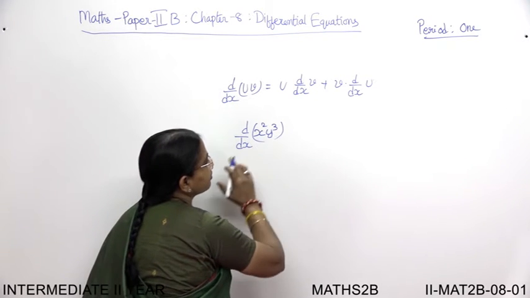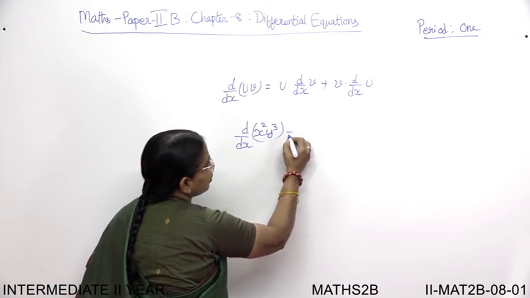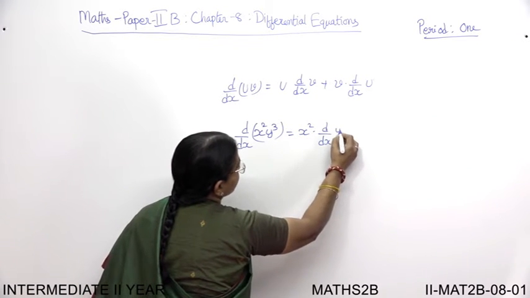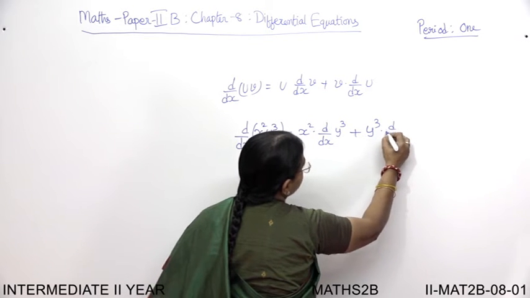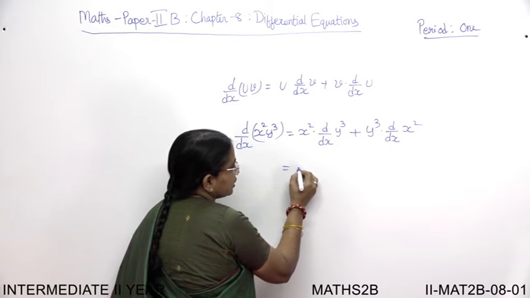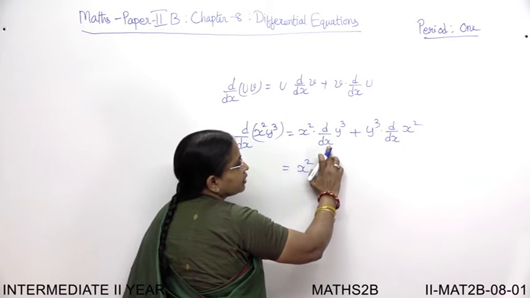Derivative of x square y cube. You must use the product rule. So it is equal to the first function into the derivative of the second function plus the second function into the derivative of the first function. So x square into the derivative of y cube with respect to x.